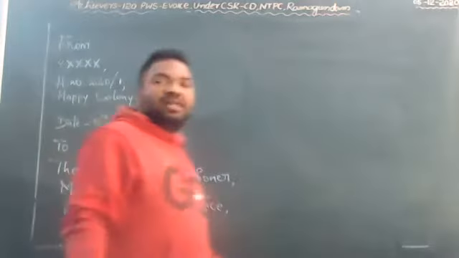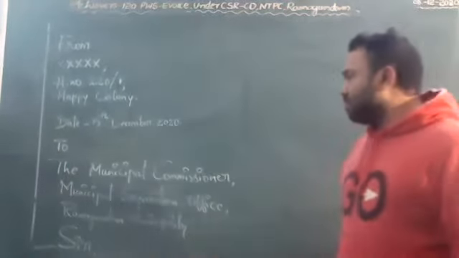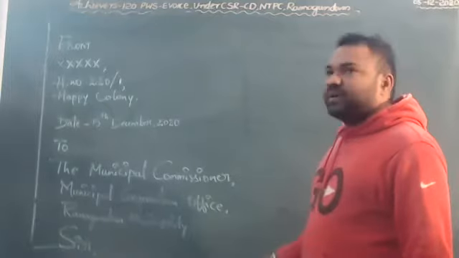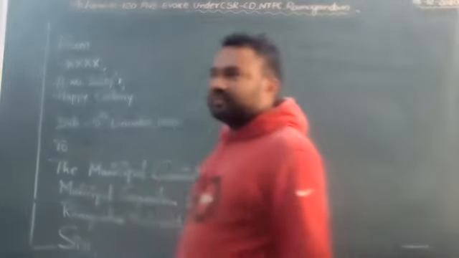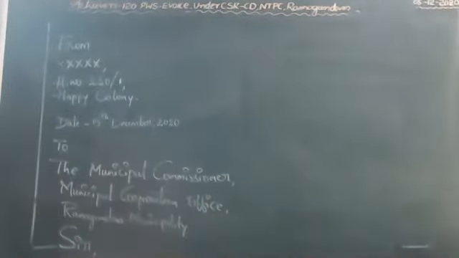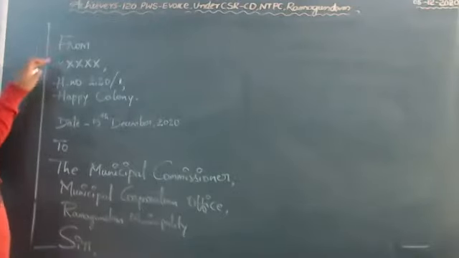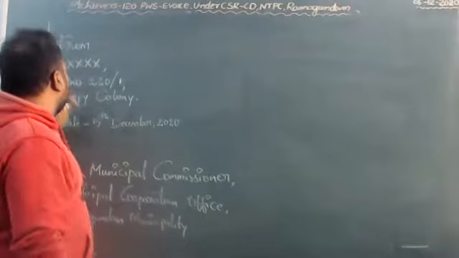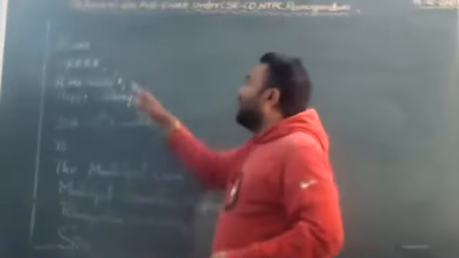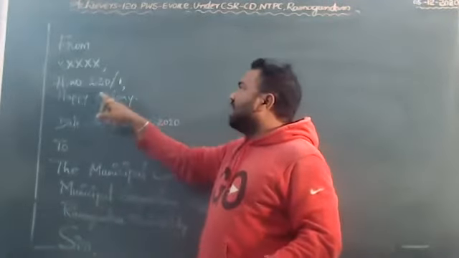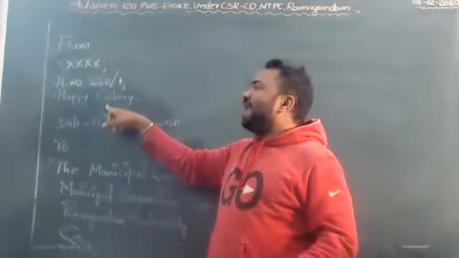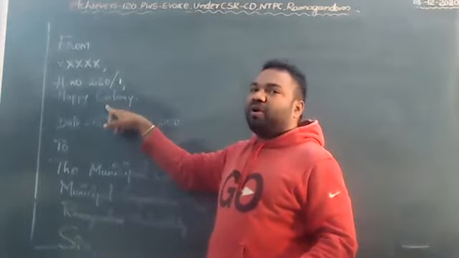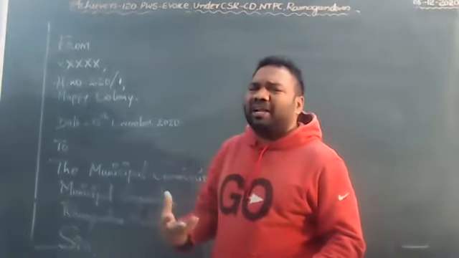You want to write sir. Look at this, students. I'll read it out for you. From, XXXX, house number, and Happy Colony. What I have written, you know, Happy Colony, is the name of my colony, that's all.